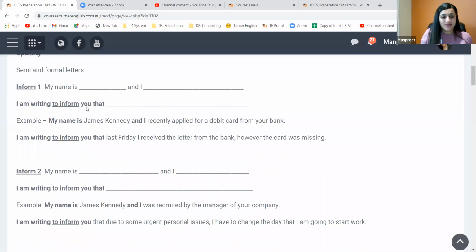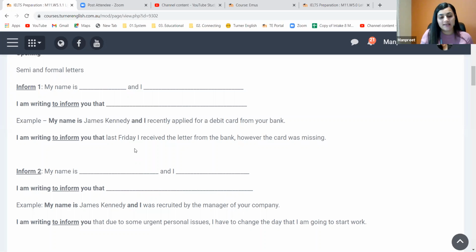Okay. All right. Good. And how do we close the semi-formal letter and the formal letter? Yours sincerely. Yours sincerely is in semi-formal or formal? Semi-formal. Good.